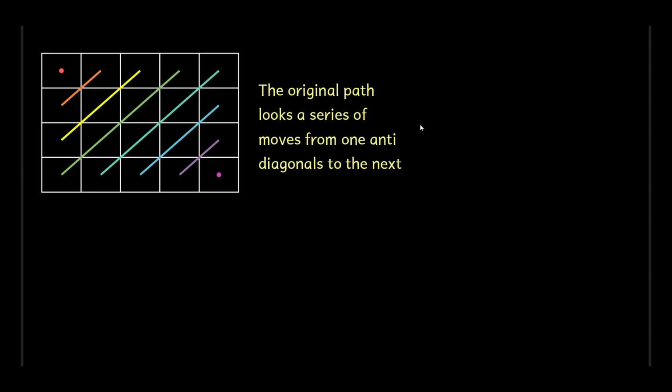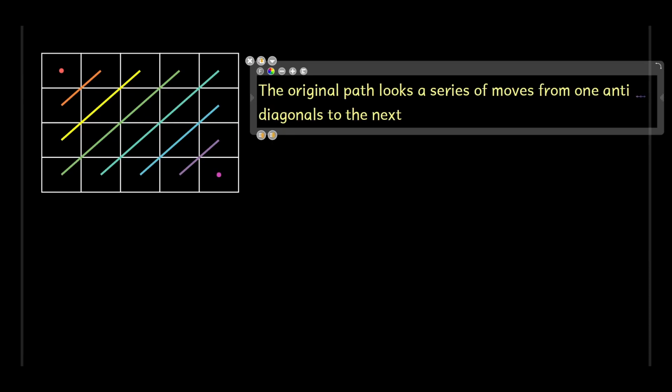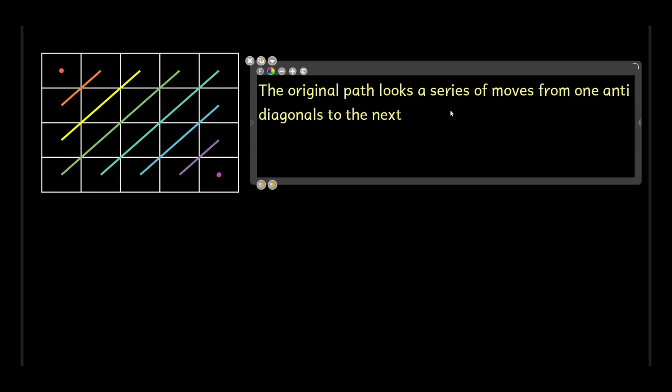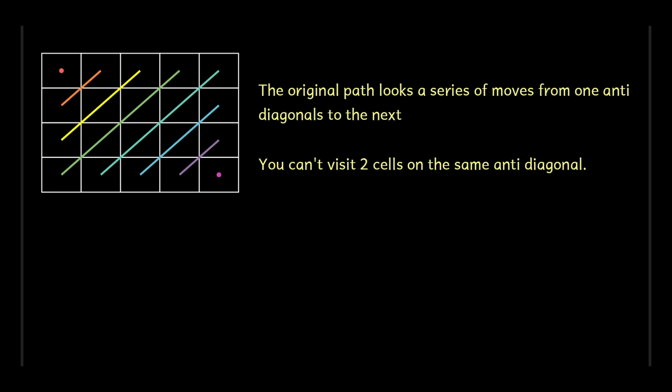In fact, this statement is a bit more strict in the sense that you can't visit two cells on the same anti-diagonal. And I hope that's clear why you can't visit two cells, because that is the crux of the algorithm.